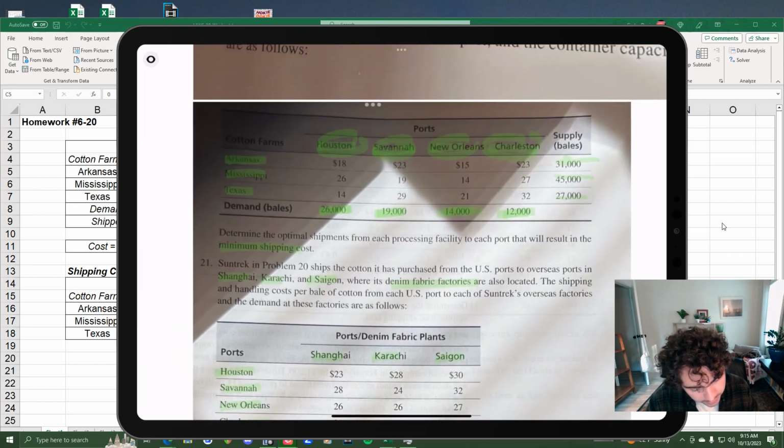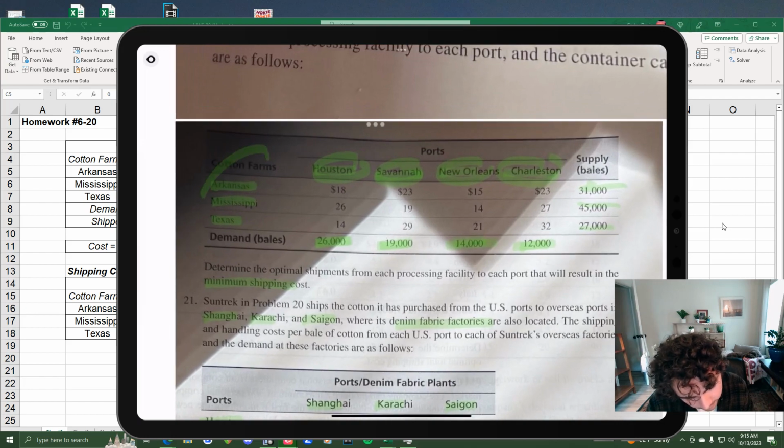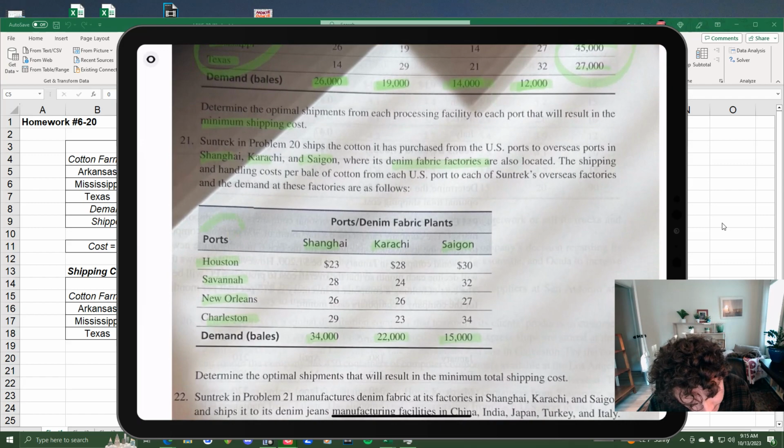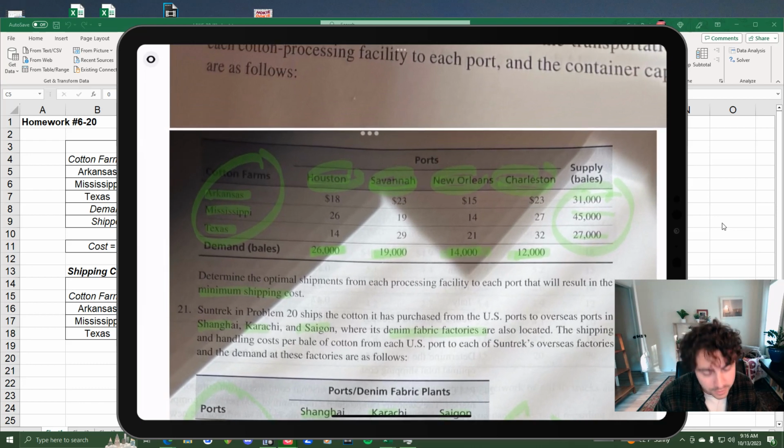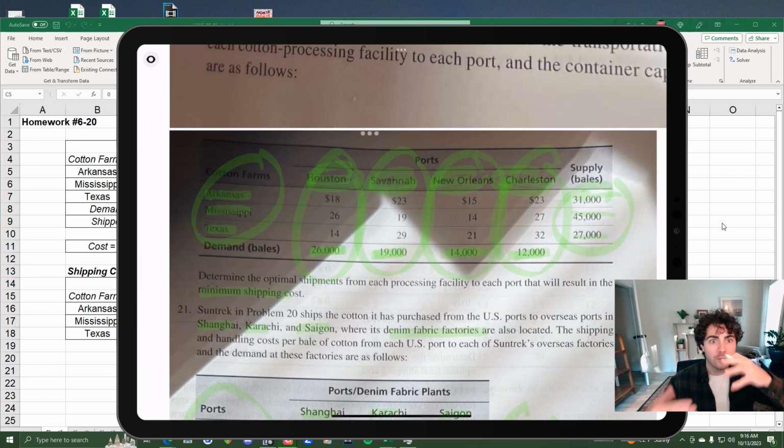And you'll notice, like in the last one, they gave us that the farms could supply this much. But in this case, they're not telling us how much the ports could supply. But that's because we already know how much the ports can supply, because it gave us the number of bales that each of the ports is going to have to then ship to the fabric plants.